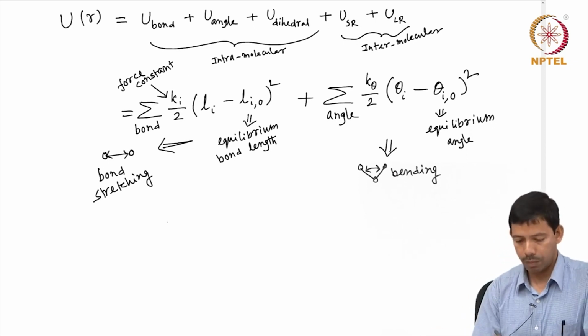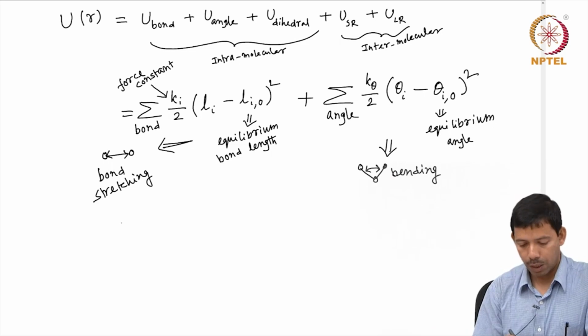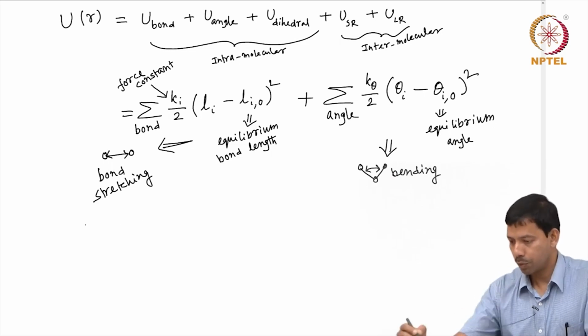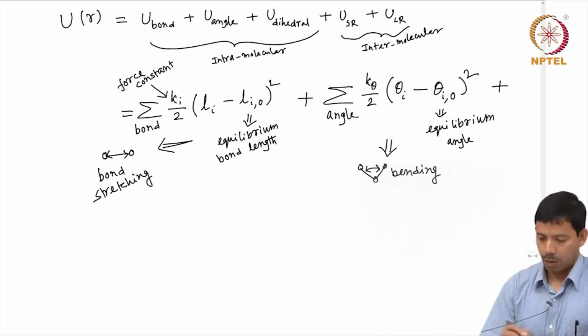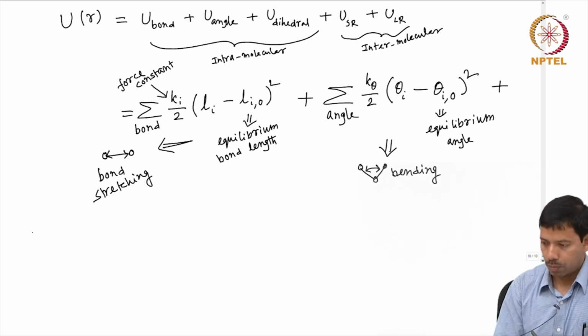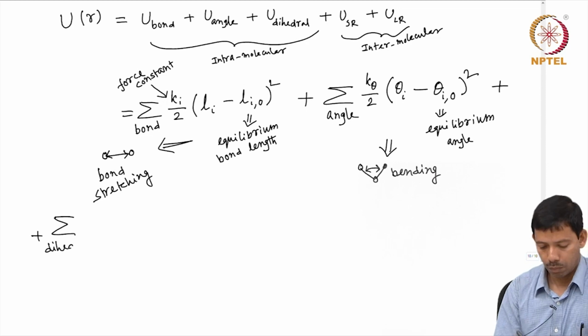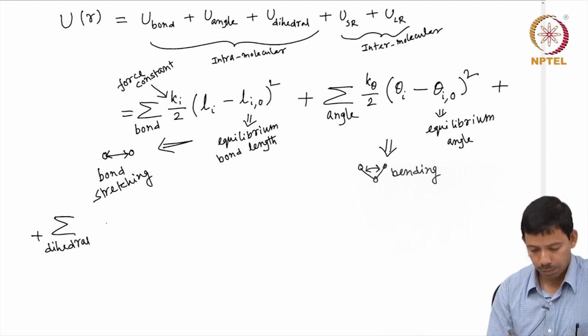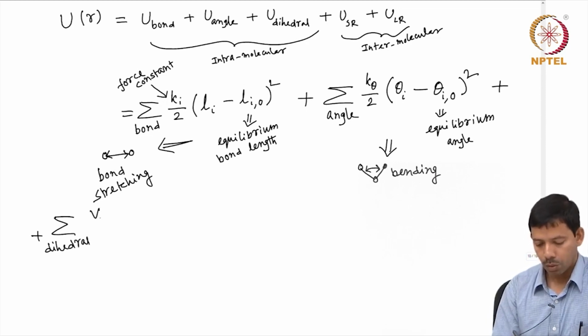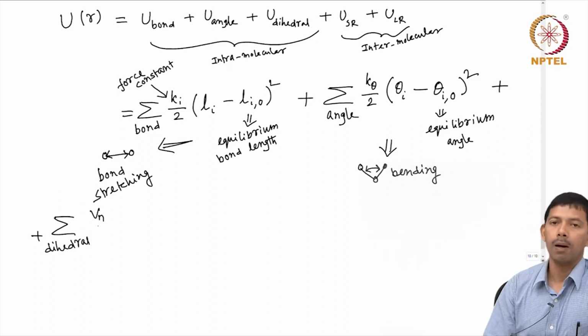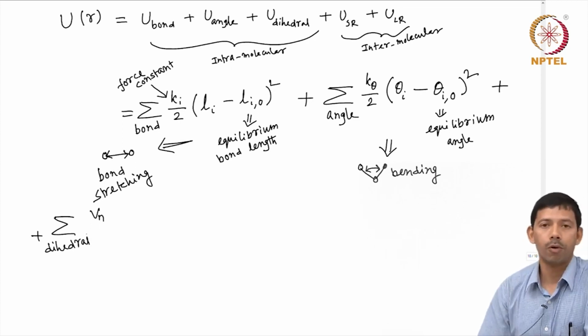Plus you have the dihedral term. So, from here I come to dihedral, which we can write as sum over all dihedrals. This is one of the different forms for dihedral one can write.